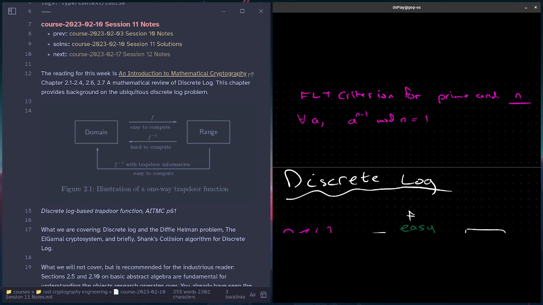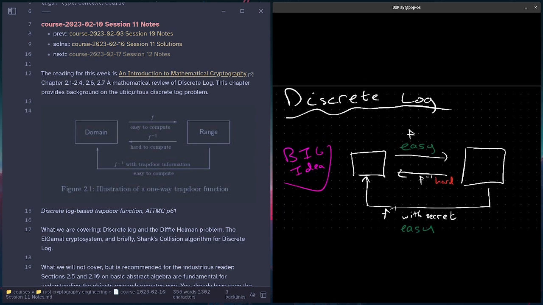And in the case of Carmichael numbers, all a such that the GCD of a and n equals 1 satisfy the FLT criterion. And I think I see Skonov is here today. Did that answer your question, Skonov? All right. Oh, cool. Great.